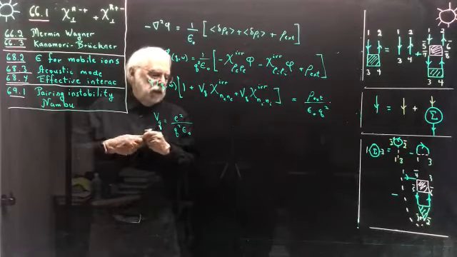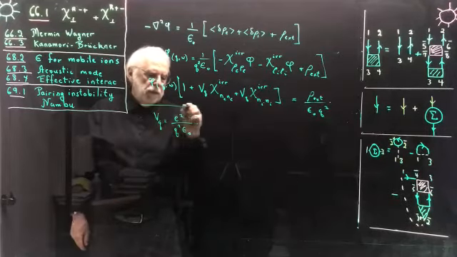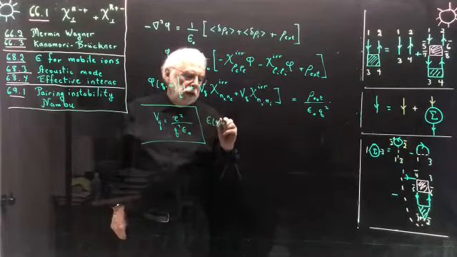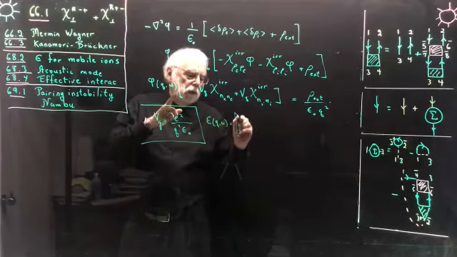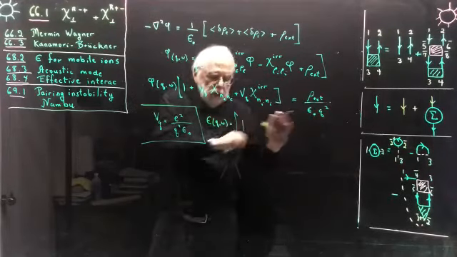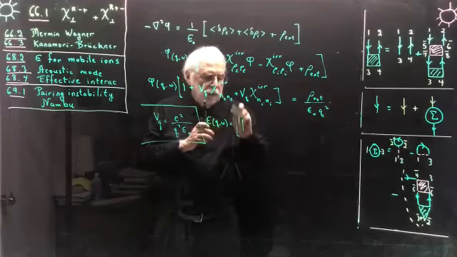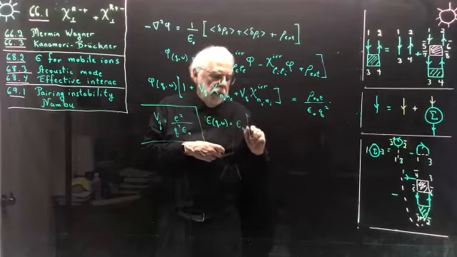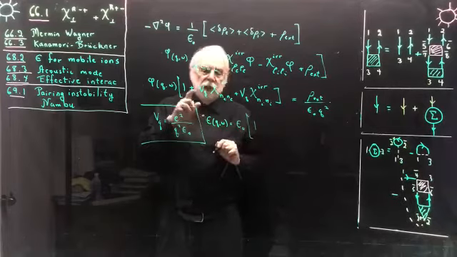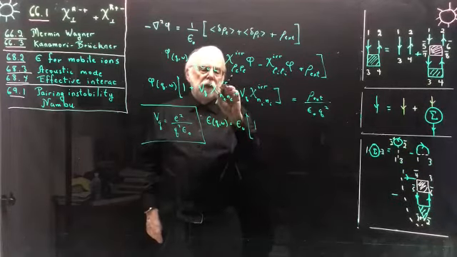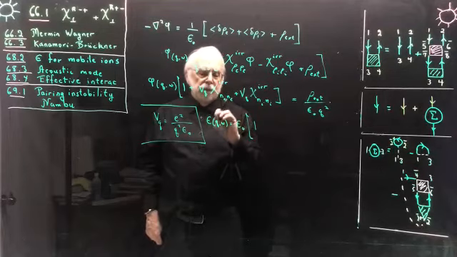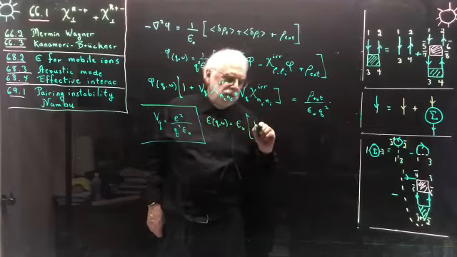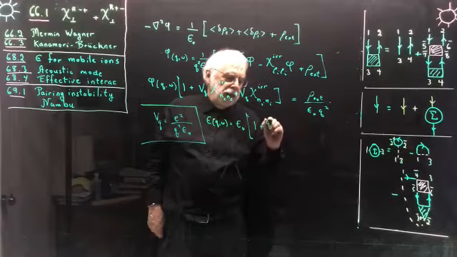So the dielectric constant epsilon of q and omega is just equal to epsilon 0 times 1 plus V of q chi irreducible n e. That's what we found when we looked at Thomas Fermi screening.